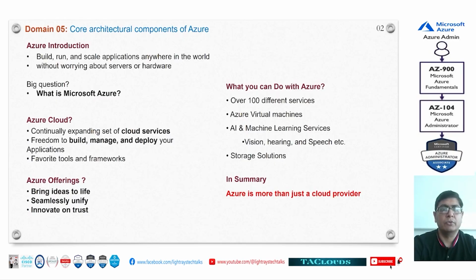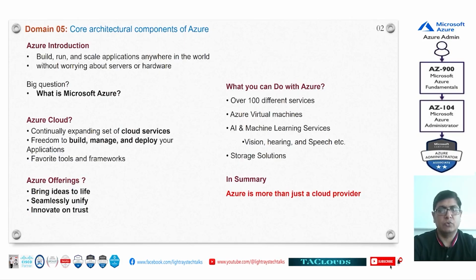If you want to use AI or machine learning services, you don't need to build a server. You will just log in and use AI services like vision, hearing, speech, and all these kinds of services will always be built into Azure. You don't need to worry about that. Everything will be available built in.